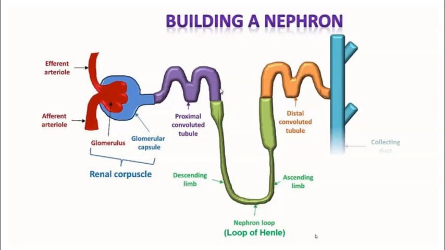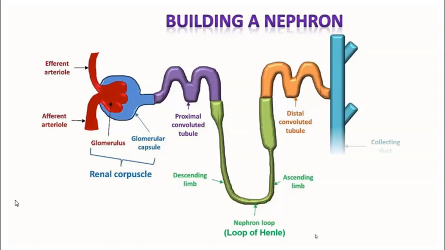Each of these three regions of the renal tubule consists of a single layer of epithelial cells, and each of these regions has a specific epithelial cell type and function associated with it.